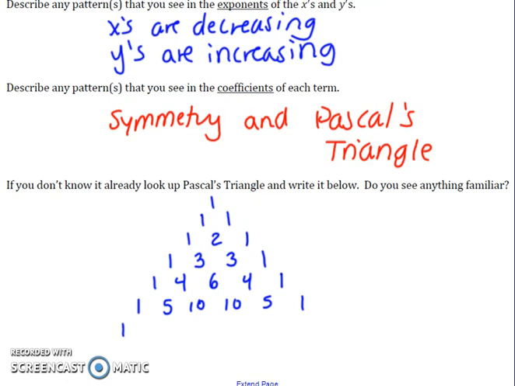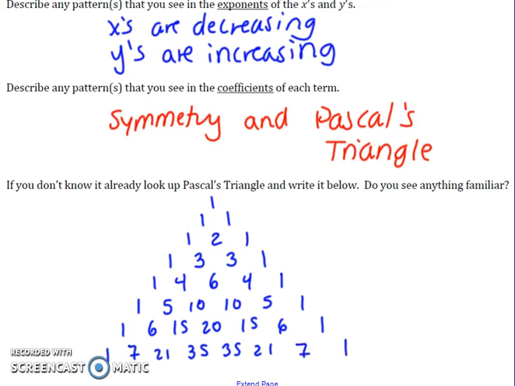So continue this: 1, 6, 15, 20, 15, 6, 1. And we'll just do one more: 1, 7, 21, 35, 35, 21, 7, 1.